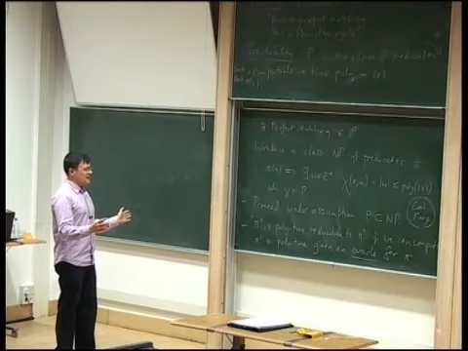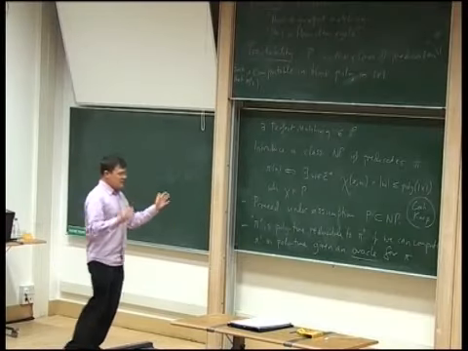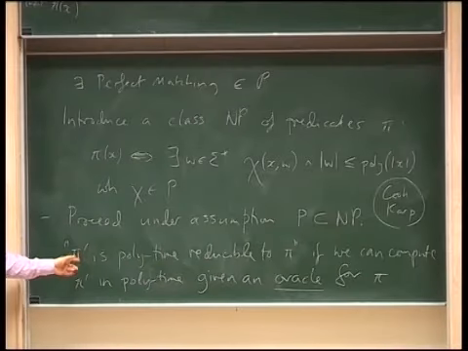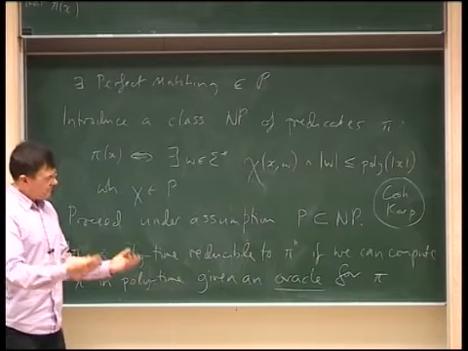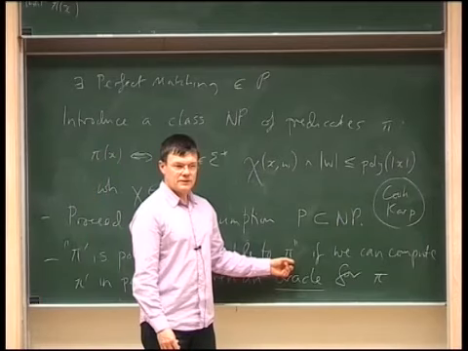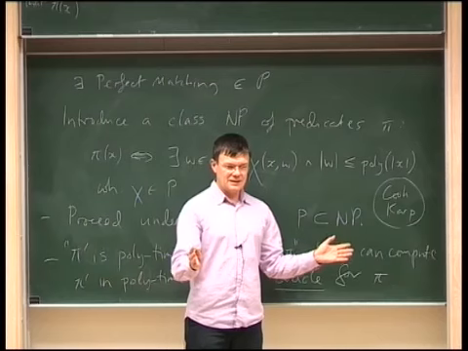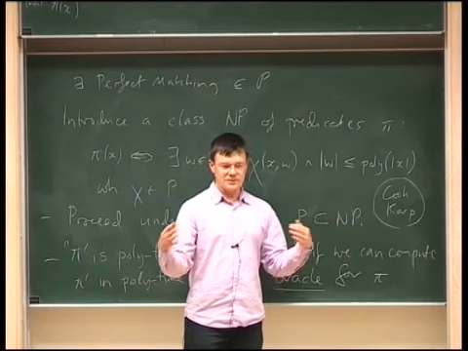If you open a textbook on NP completeness, this is the way reducibility will be defined. You do a polynomial amount of computation, you figure out an input to pi, you call pi once, and if it says yes, you return yes, and if it says no, you return no.